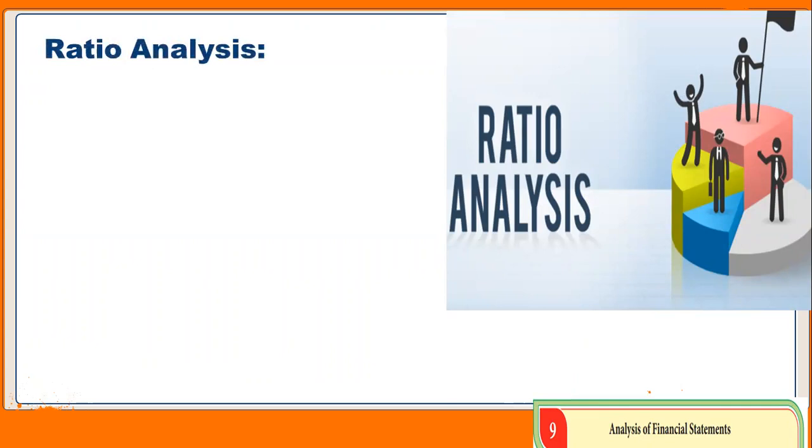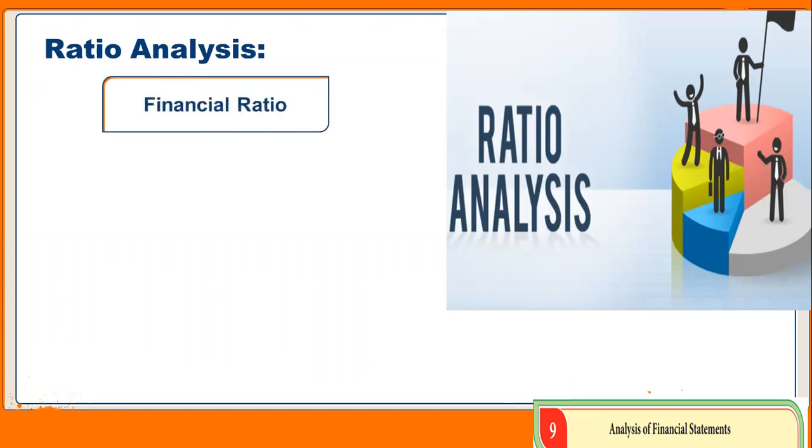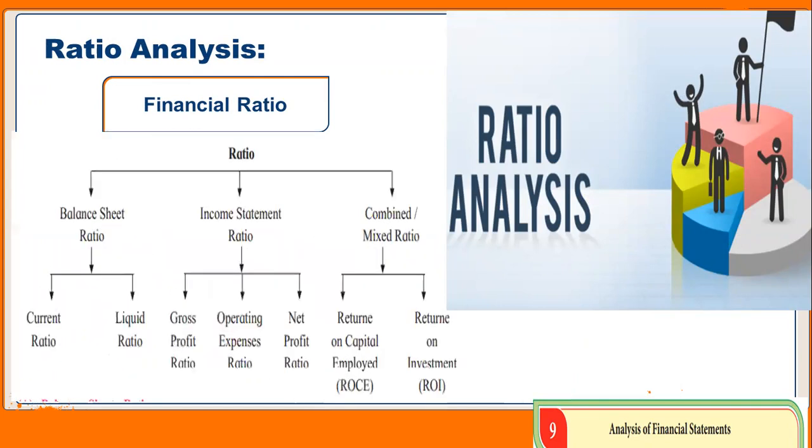The next term is ratio analysis. It can be expressed as fraction, proportion, or percentage in between two accounting figures. Financial ratio is divided into three parts, that is balance sheet ratio, income statement ratio, and combined or mixed ratio.